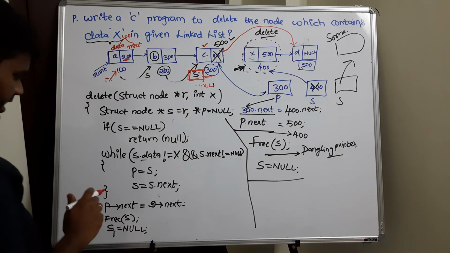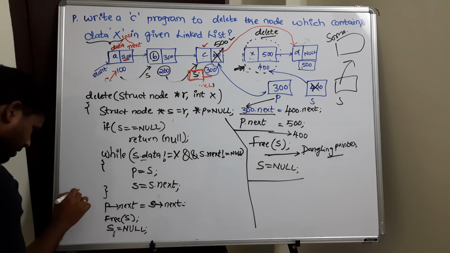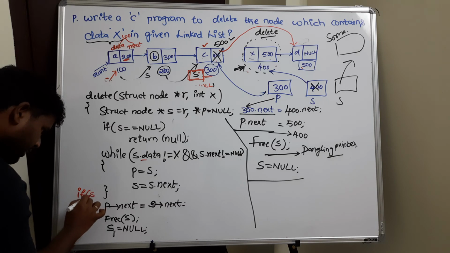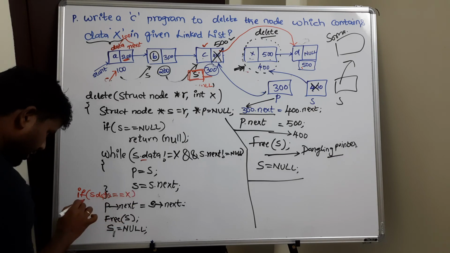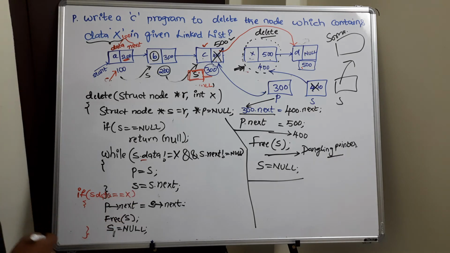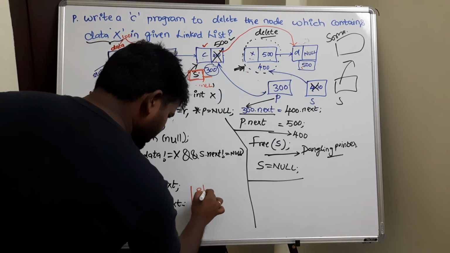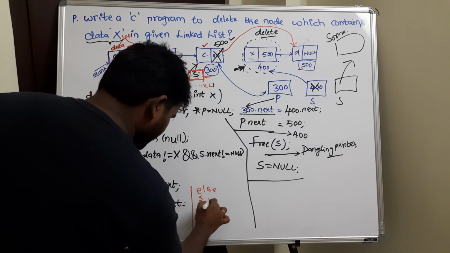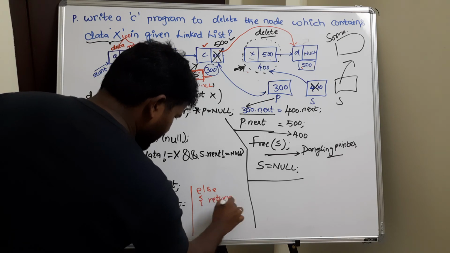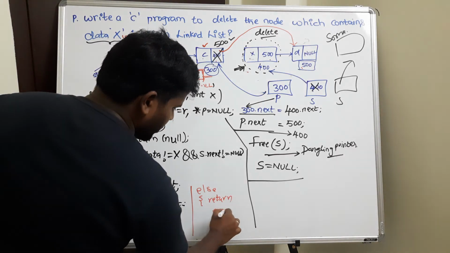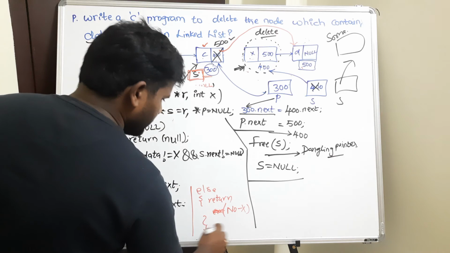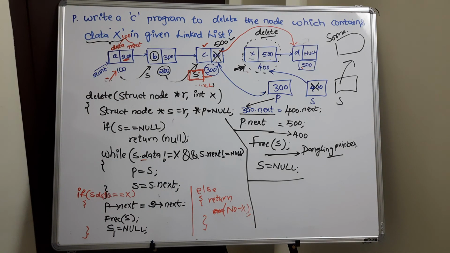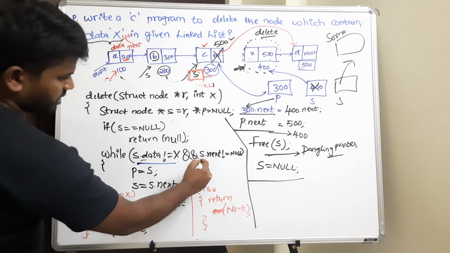So we'll have a condition like if s dot data equal to x, then we do these things. Else we will return empty node, or no x, we haven't found any x, right? So you understand why we have taken this particular data and this next null.